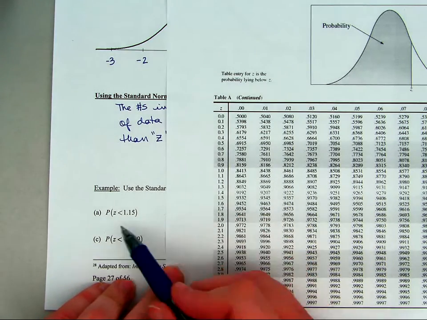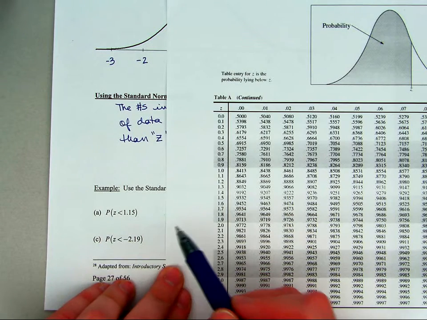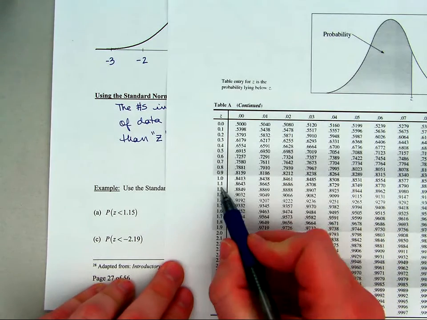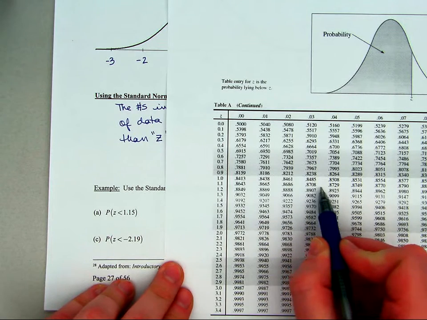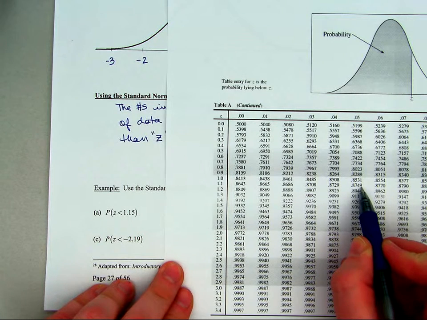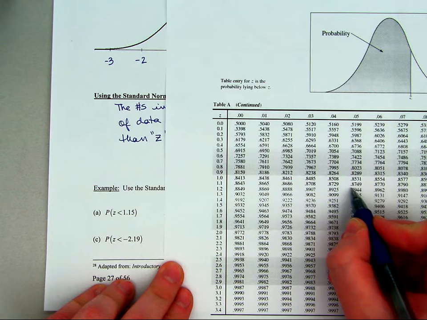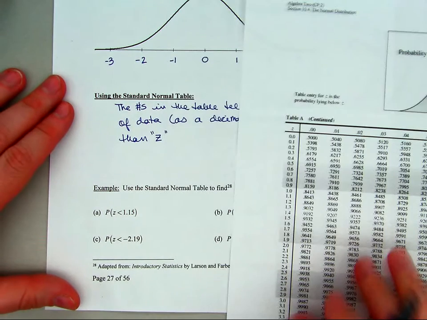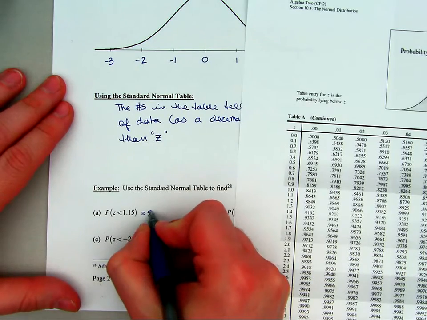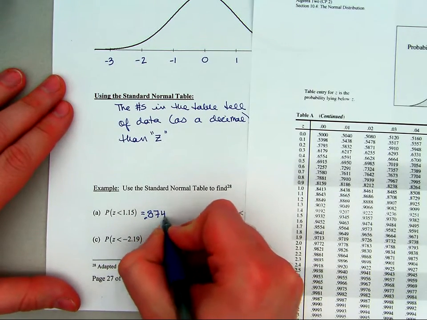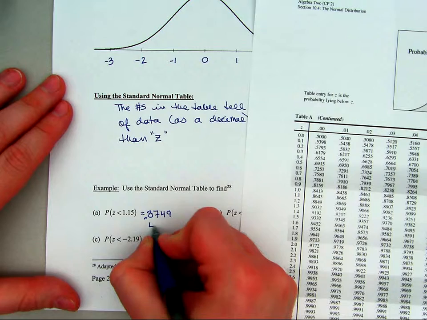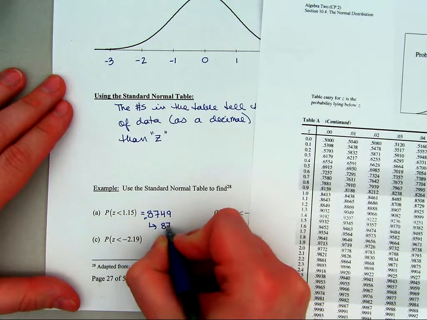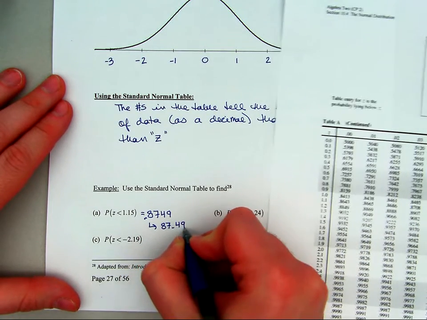In this case, we want to look for the values less than 1.15. I'm going to go to the row for 1.1. I'm going to go over to 0.5. Looks to me like I'm getting a decimal of 0.8749. I'm going to write that one down over here, 0.8749. And then writing that as a percent, we get 87.49%.